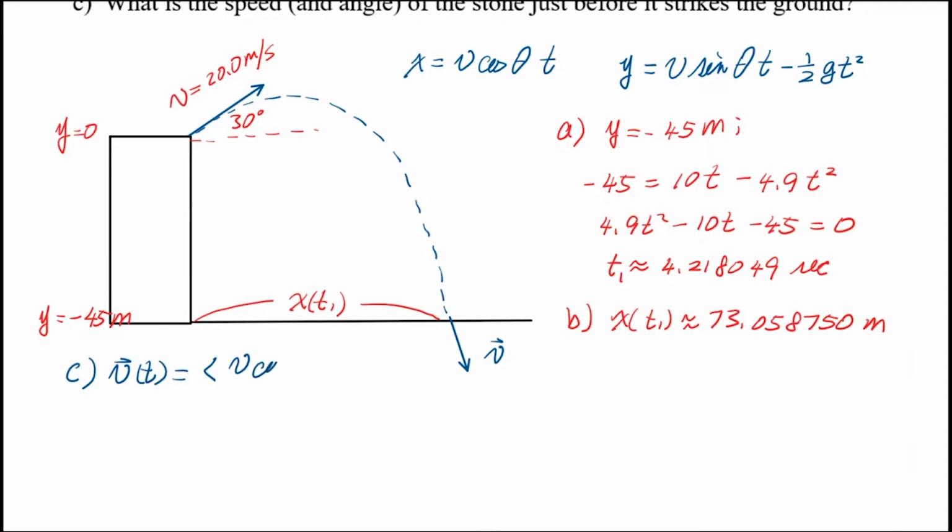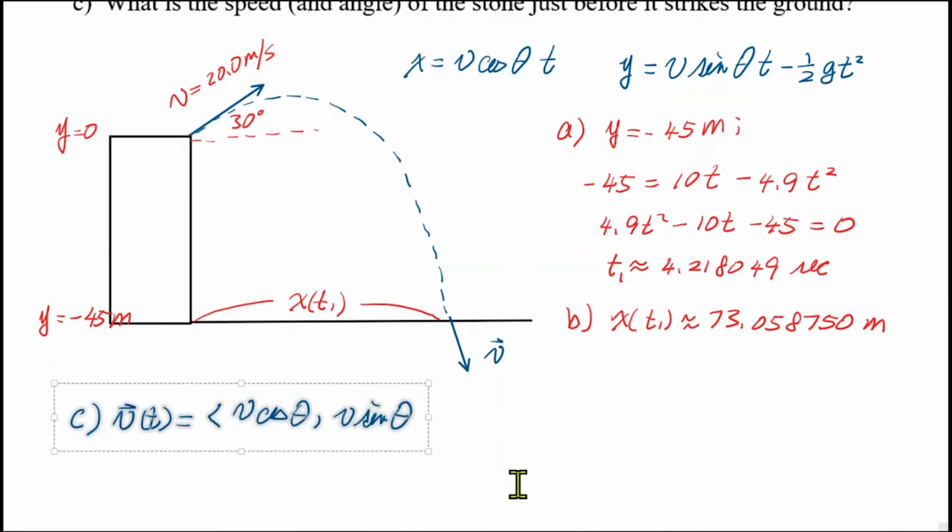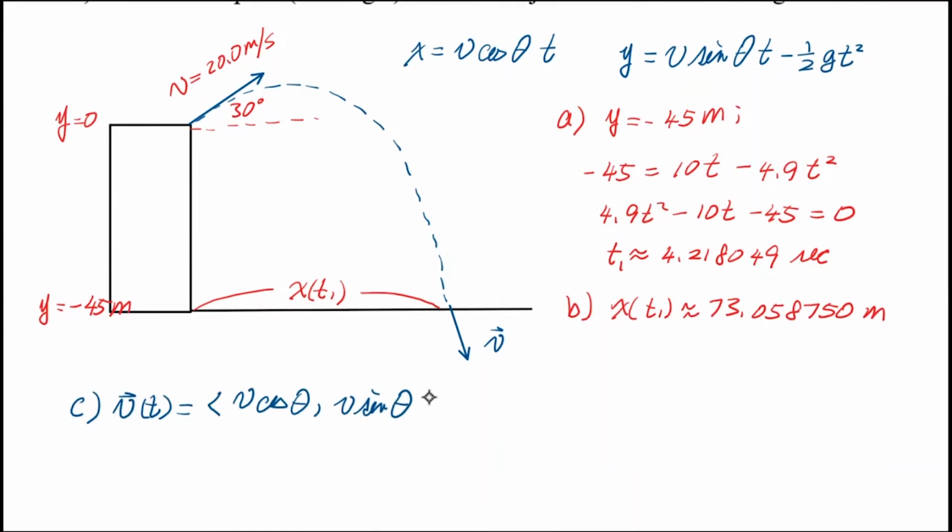So v cosine theta, and then the y component is v sine theta minus gt. This is our vector function.